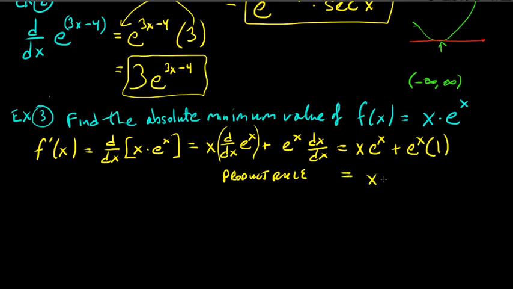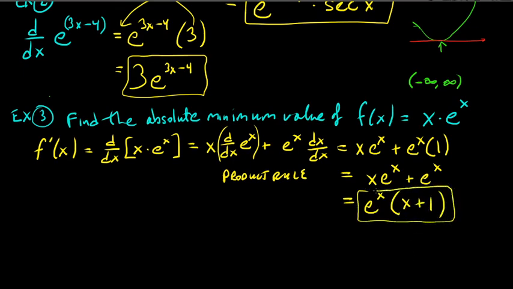So we get x e to the x plus 1 e to the x. We can leave it like that, or notice we have a common factor of e to the x. We can factor it out and write this as e to the x times x plus 1. You don't have to, but trust me, writing it this way will be much more helpful.